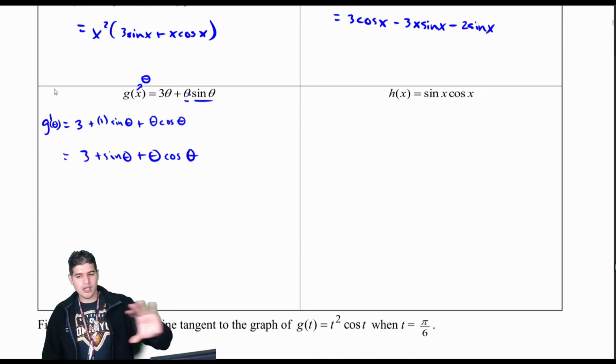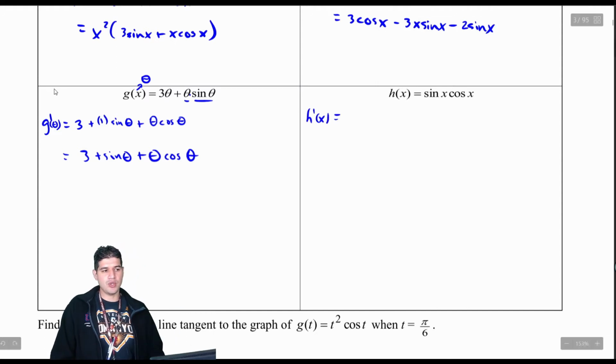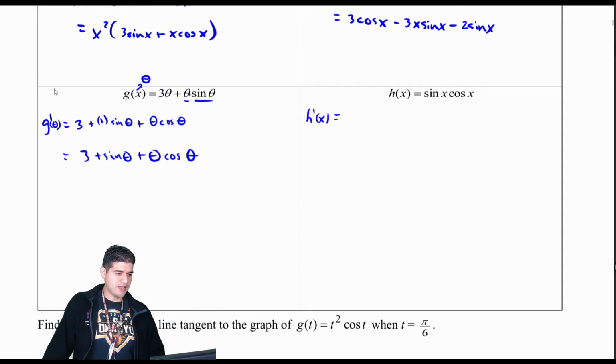And moving on to our next one, if I want to find h prime of x, all I have to do is I have sine times cosine, and I'm going to have my first and my second function. So the derivative of the first is cosine x times the second, so times cosine x, plus the first times the derivative of the second, so negative sine of x.